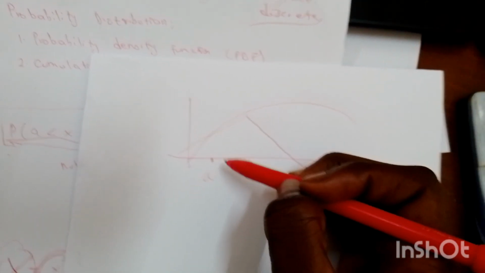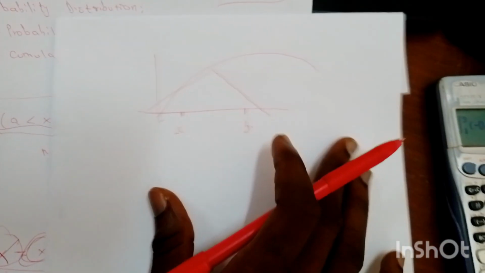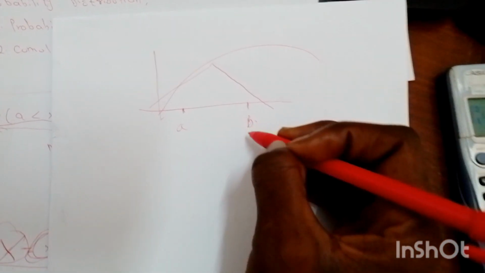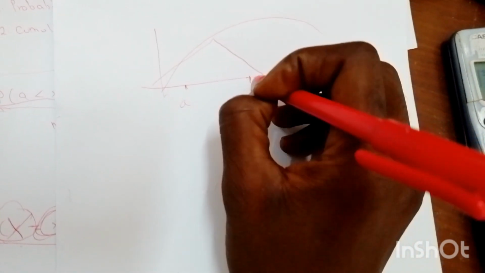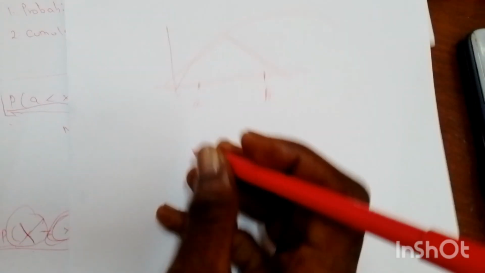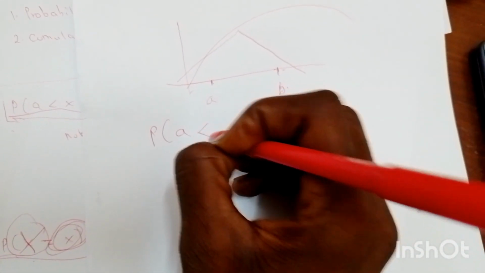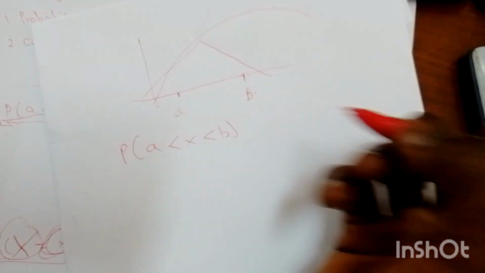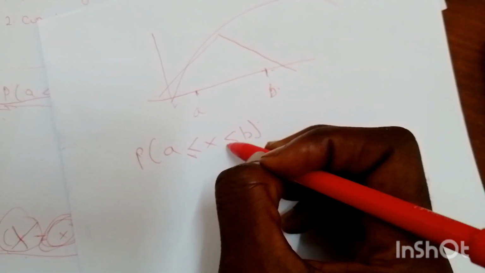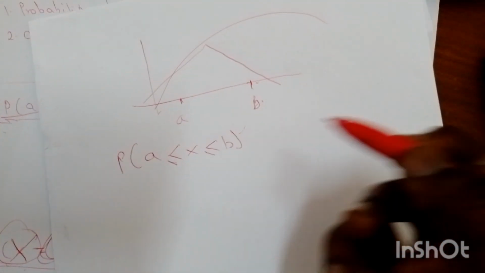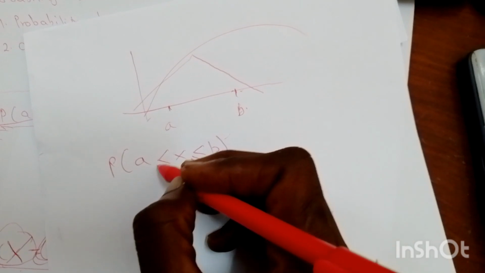Let's say I have here a point A and a point B. At each of these points, it doesn't matter whether you take the limits from that point or right after it or right before it, you still get the same thing. Let me explain. You have the probability of a less than X less than b. This is the same thing as including this end or that end and leaving out the other. Anyway, you still get the same thing.